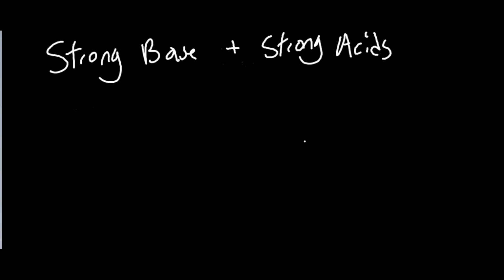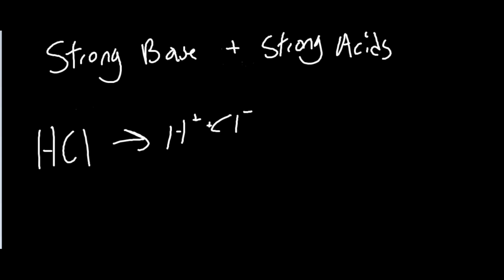But basically, a strong base or a strong acid is something that will deprotonate completely. And by that I mean, let's go back to HCl. A strong acid like HCl will completely, and I mean completely, deprotonate into H+ and Cl-.